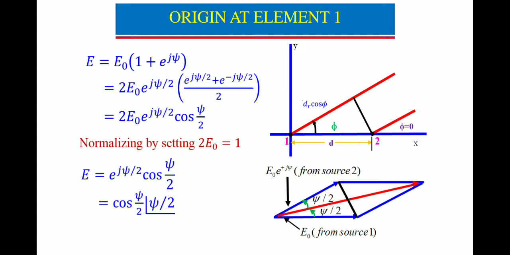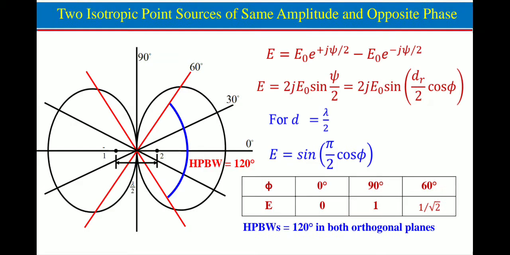Normalizing by setting 2 E0 equal to 1, we get the electric field equal to e raised to j psi by 2 cos psi by 2, that is equal to cos psi by 2 for psi by 2. In this figure also they have shown this.